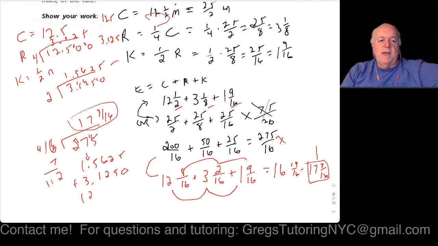And I'm going to pad that with zeros at the end as well. Okay, so if we add this up, we get 5, 7, 8, 1, 3, 4, 5, 6, 7. So we end up getting 17.1875. Okay, so we have the 17.